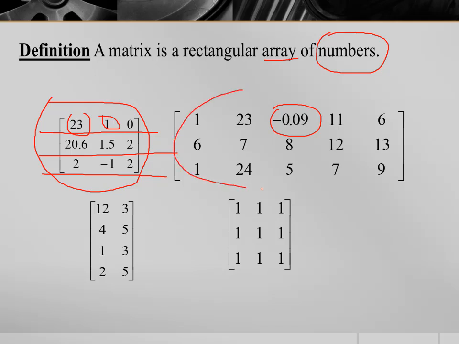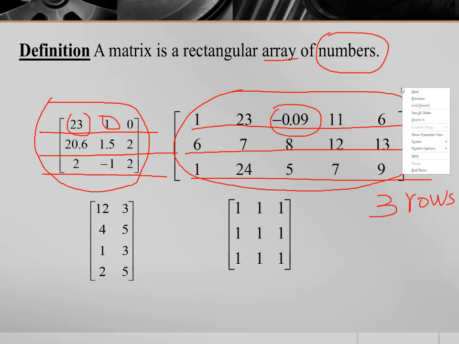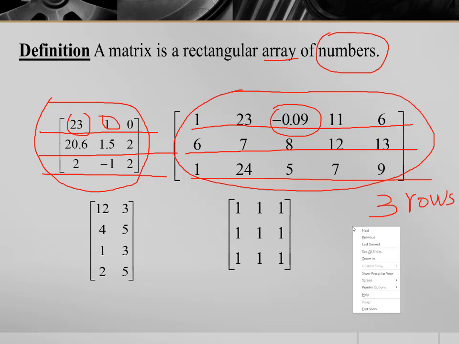How many rows are in this matrix? We have 3 rows: first row, second row, and third row. That means 3 rows in this matrix. How many columns? Let me change the color of the pen to blue.